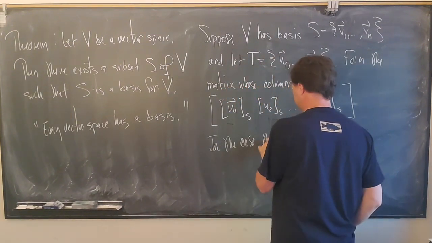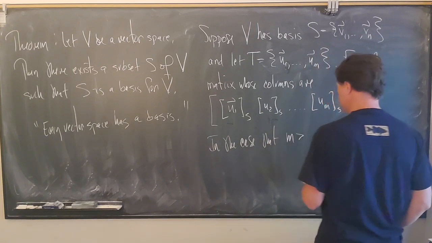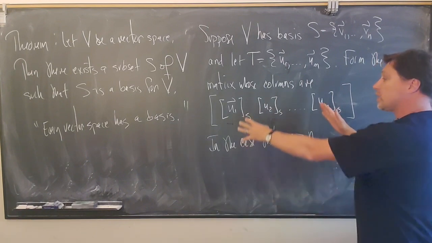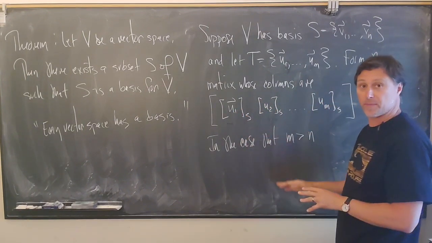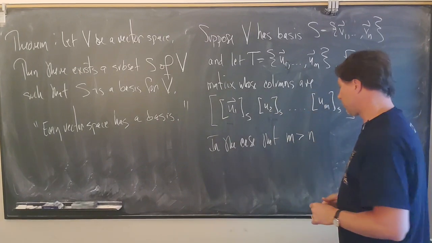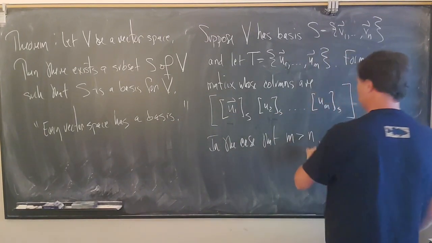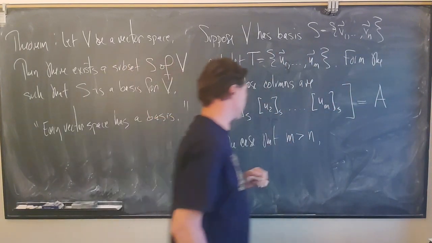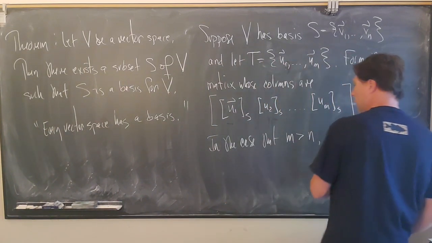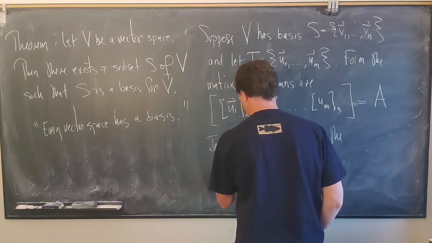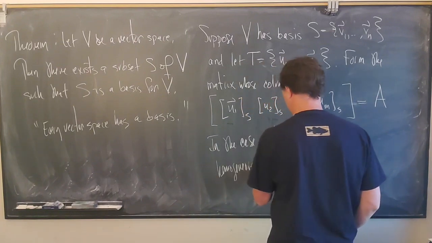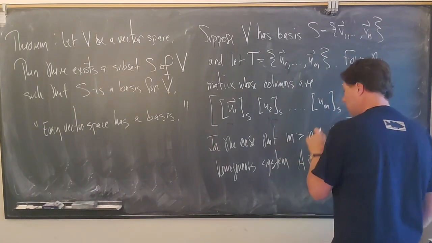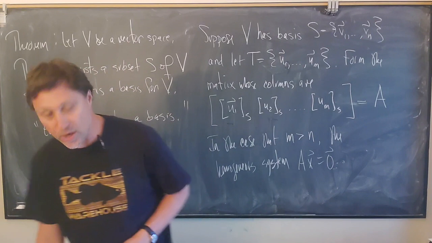Now, in the case that m is strictly greater than n, m is the number of columns that we have in this matrix, and n is the number of rows. Let's call that matrix capital A. So in the case that m is greater than n, the homogeneous system AX equals 0 is guaranteed to have non-trivial solutions.